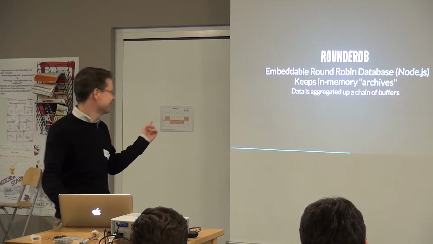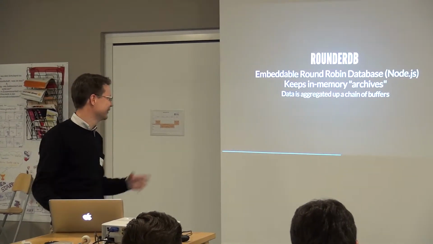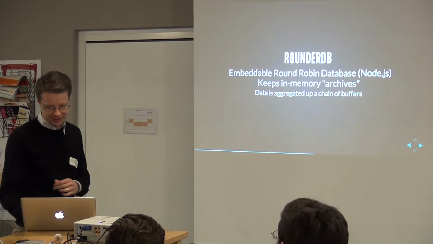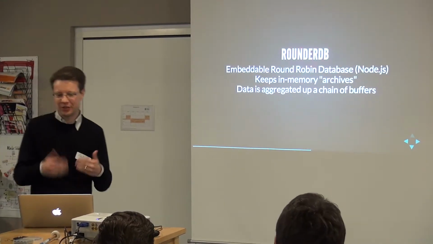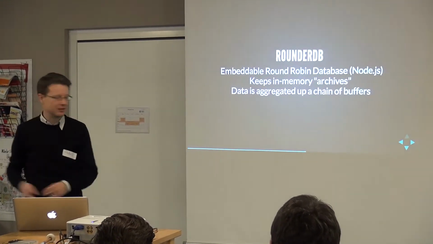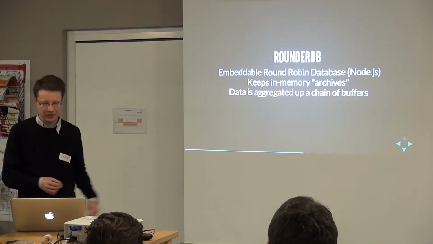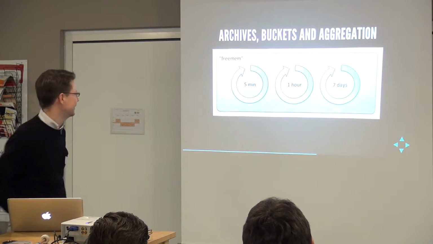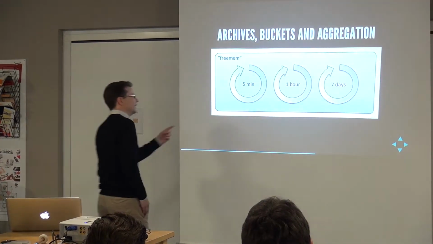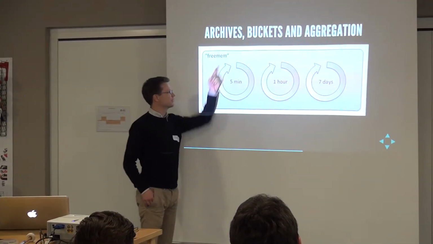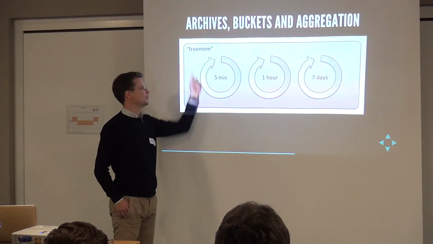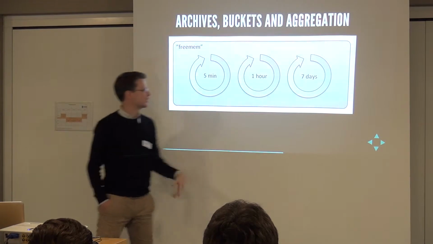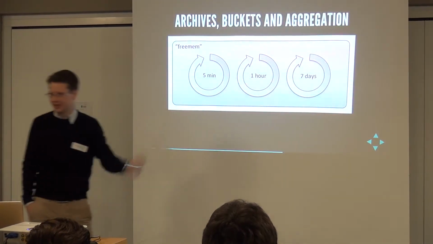Anyway, it keeps memory archives, which is basically one archive for each graph. And then you want to aggregate those to get a history over time, so aggregating up a chain of buffers. So if this is an archive, I have round robin buffers, and when they go full circle, it'll apply some aggregation method and throw data over into the next bucket, which will then do round robin.